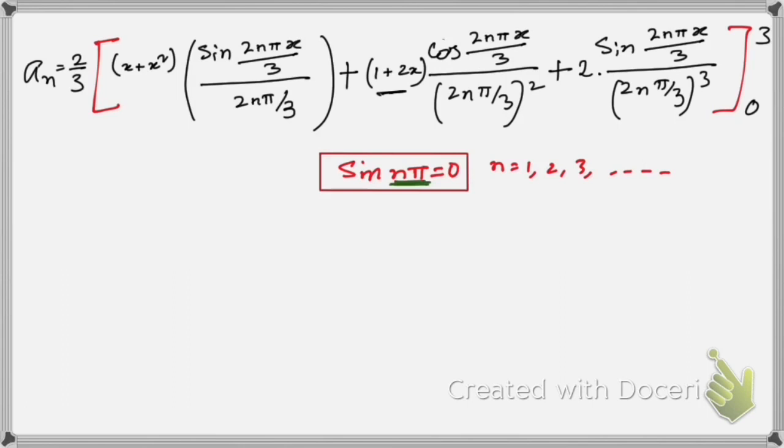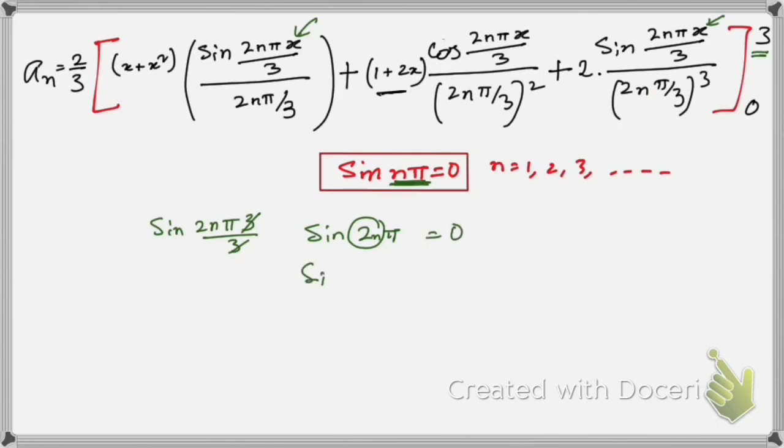So here you see, when you put this upper limit, then what you will get, sine 2n pi into 3 by 3 gone, then you will get sine 2n pi. This 2n is also an integer, so it's going to be equal to 0, right?